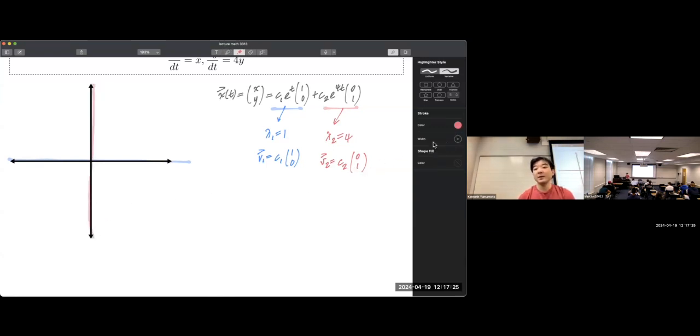And here is where I'm going to underline the eigenvalues. I'm going to point out that these eigenvalues are positive, which means that the arrows point out from the origin.